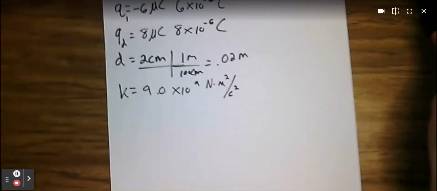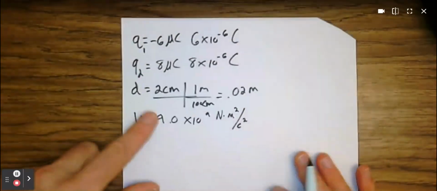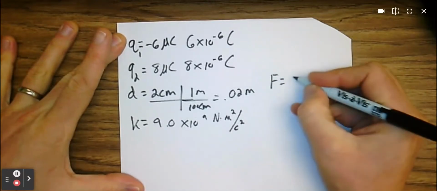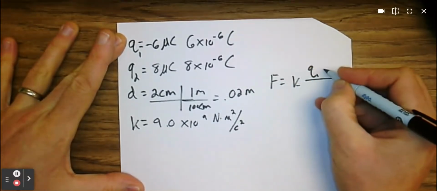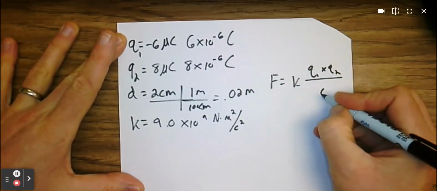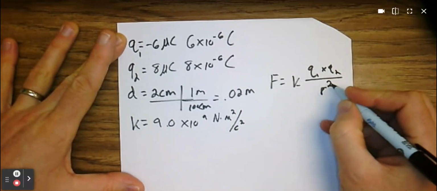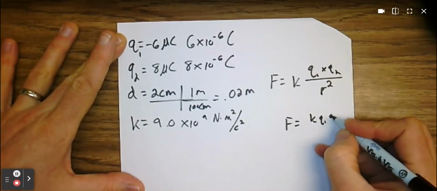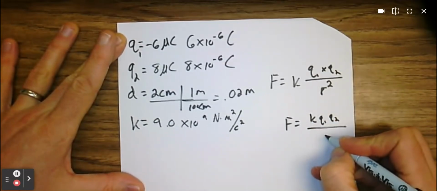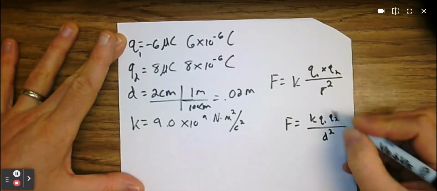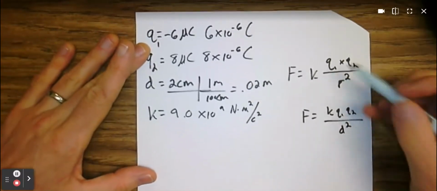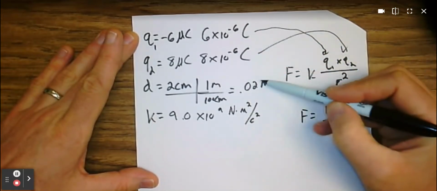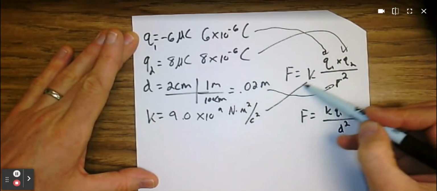Now my formula is force is K Q1 times Q2 over R squared, and sometimes you could write it like this, K Q1 Q2 over D squared. It's all the same thing, whatever makes sense to you. Now I got to substitute in my charges, my distance, and my K.